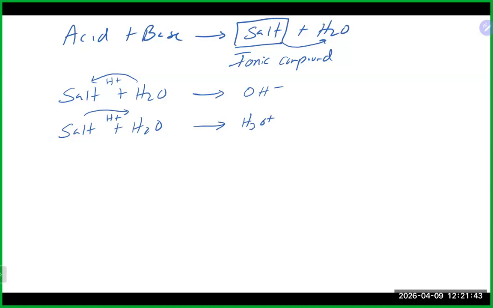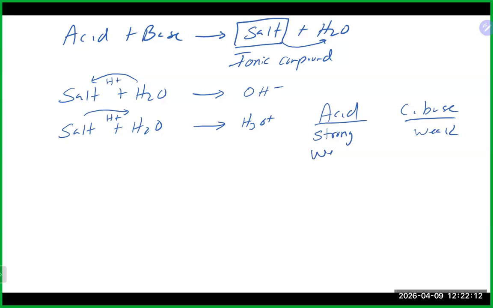So how do you know whether or not a salt will react with water? This is where that relationship that we talked about earlier when we were talking about Bronsted-Lowry is an important relationship to remember. And that relationship is this: if you have an acid, and I think I wrote it out like this, if you have a strong acid, its conjugate base is going to be relatively weak.